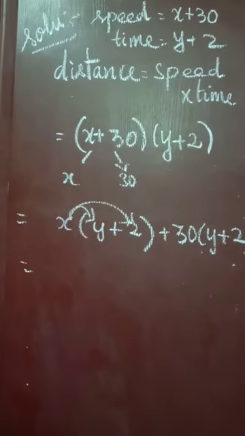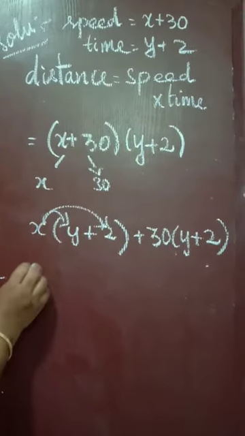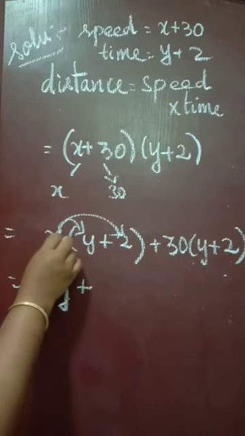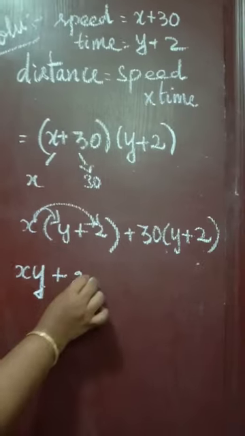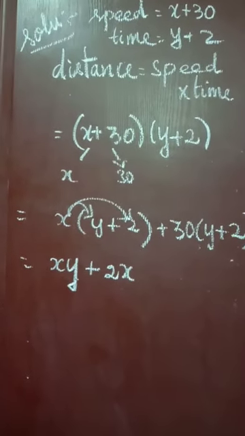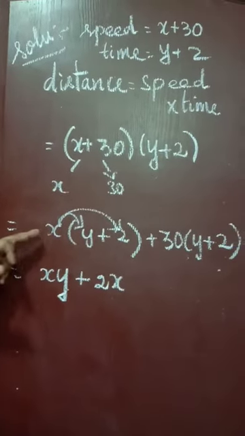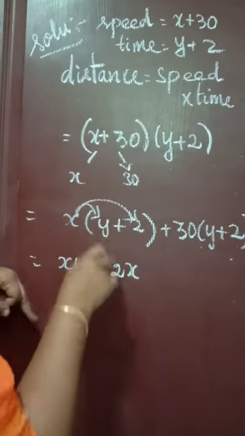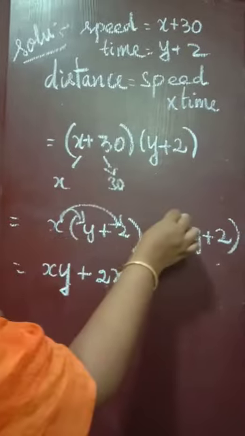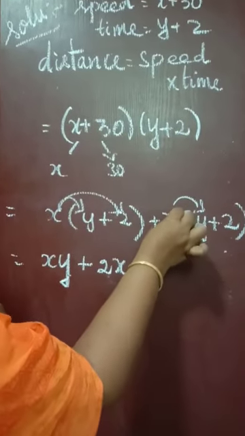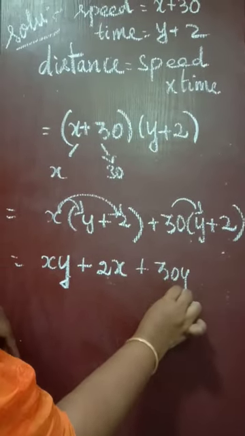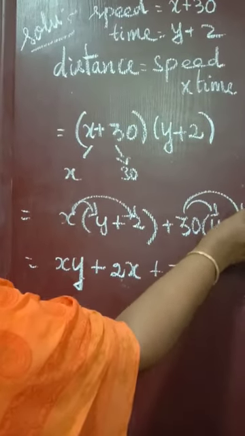So x into y, what is the answer? x into y, xy. x into 2, x2, so 2x, because in multiplication the commutative property is true. So I change x into 2, x2, to 2x. Next 30 into y, what is the answer? Yes, 30y. Next 30 into 2, what is the answer?